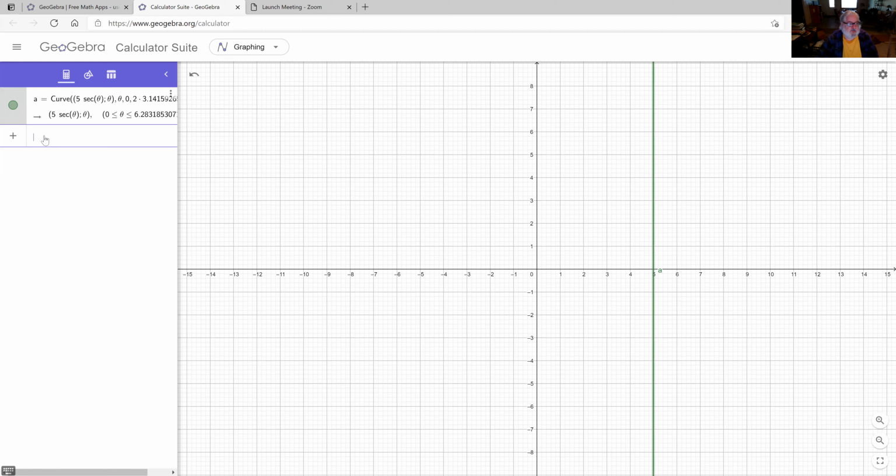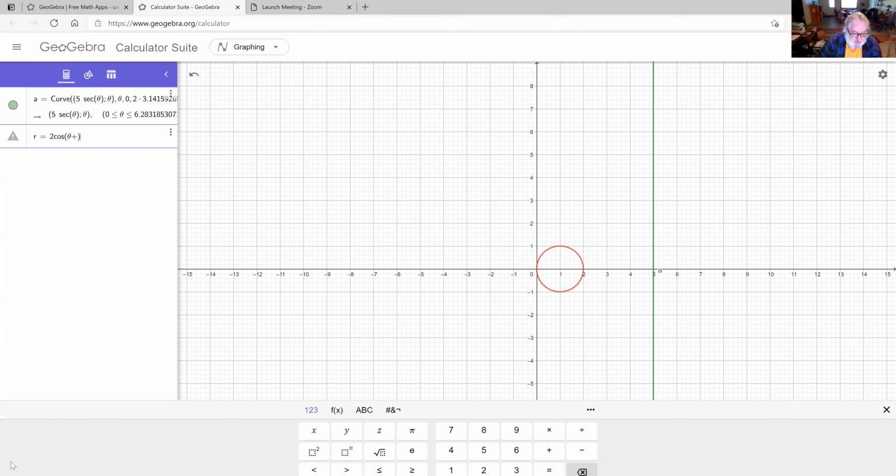The other one was r equals 2 cosine of theta plus pi over 6. So r equals 2 cosine, and again, Alt-T, and that gives you the graph, plus I need my pi.